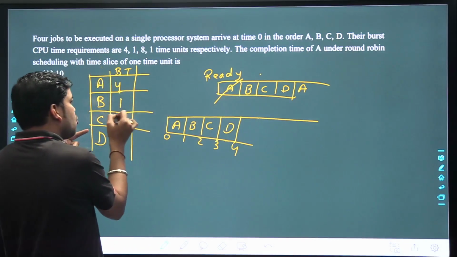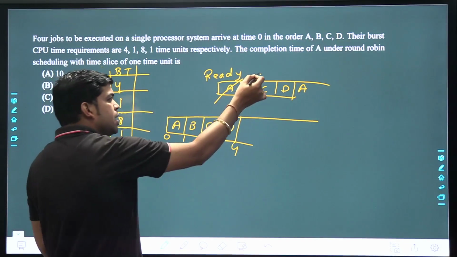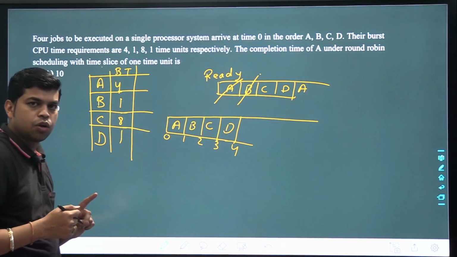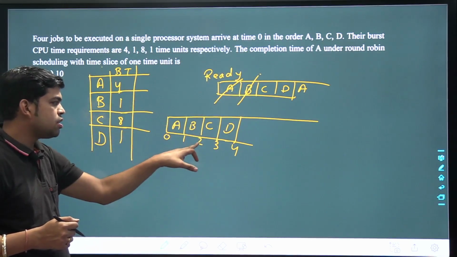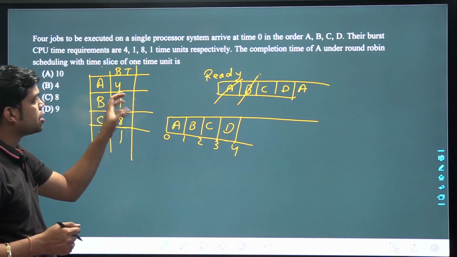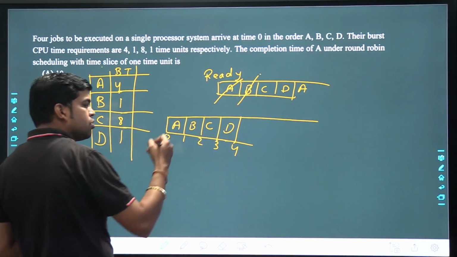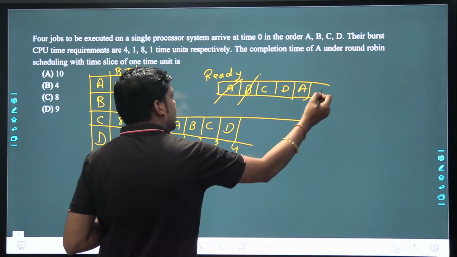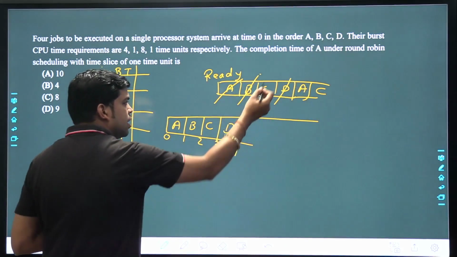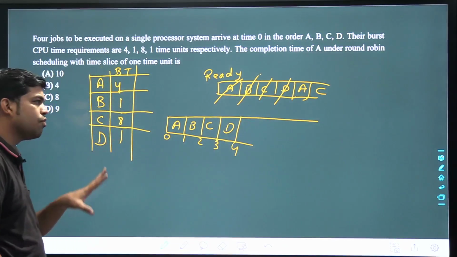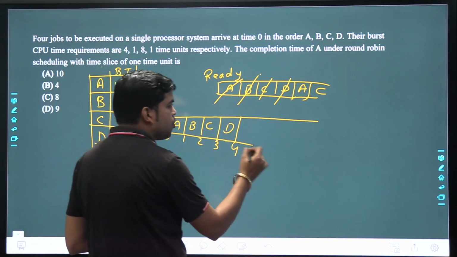Now the burst time of B is exactly 1. That's why B is not stored in the ready queue again. When it finishes 1 unit of time, its computation is finished. Now C is added again to the list, and D is completely finished because the burst time of D is also 1.